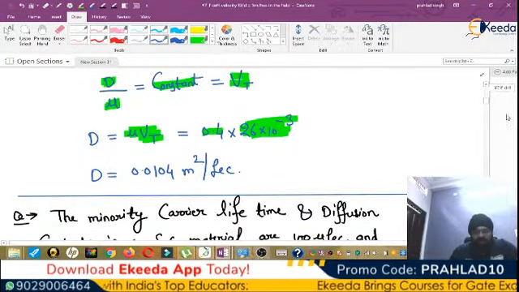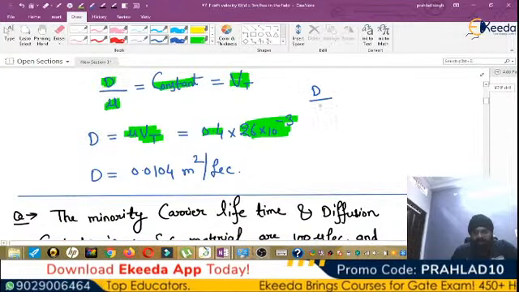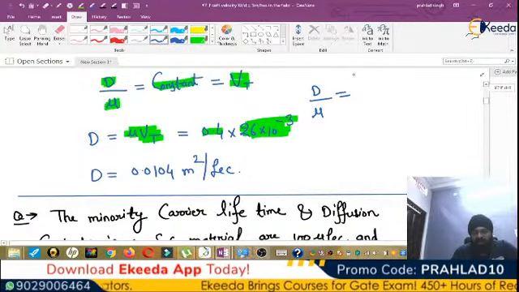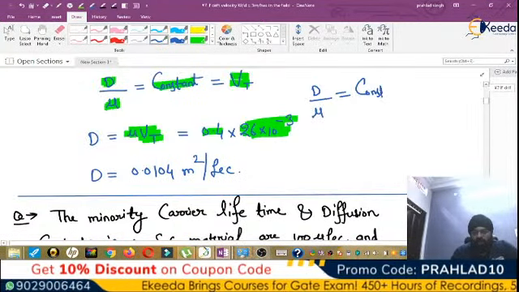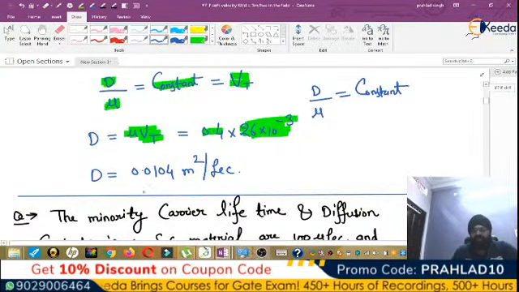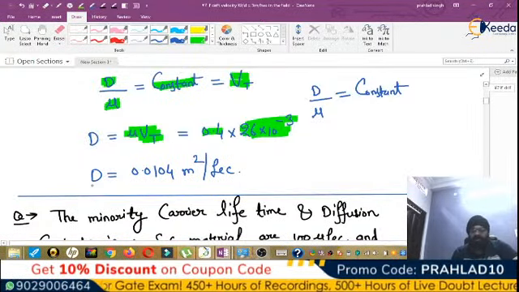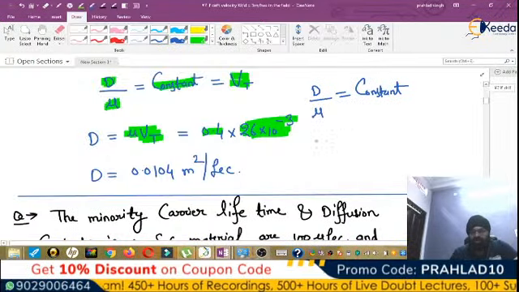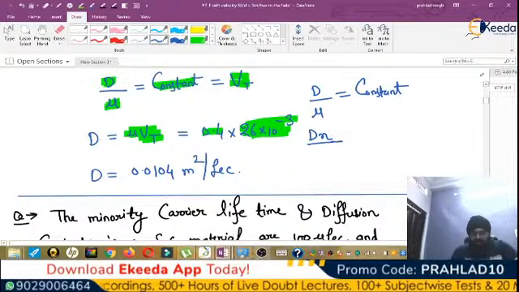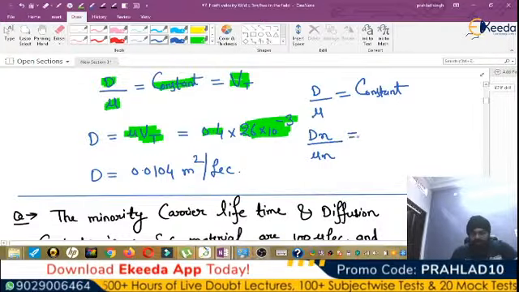So from this question, we should know that the D by mu ratio is constant. D is diffusion constant and mu is the mobility, and their ratio is constant for a semiconductor. For n-type semiconductor, it is Dn by mu n.